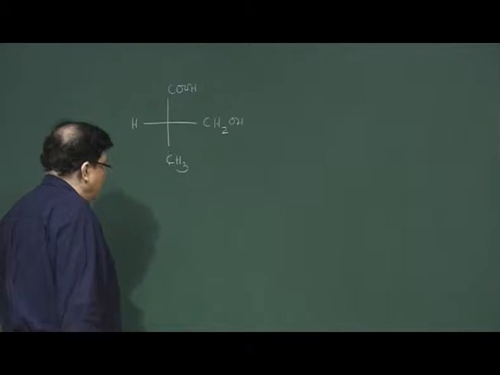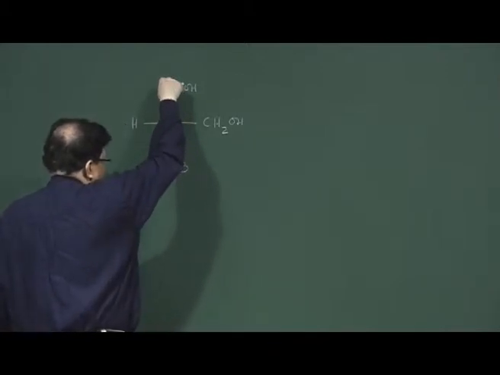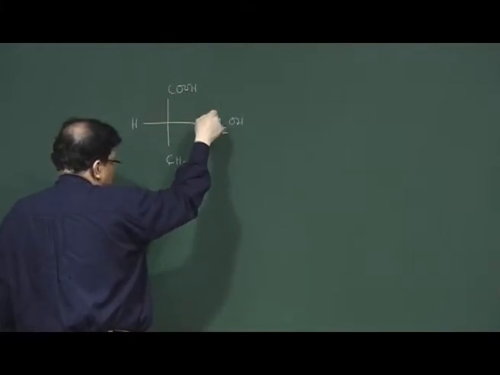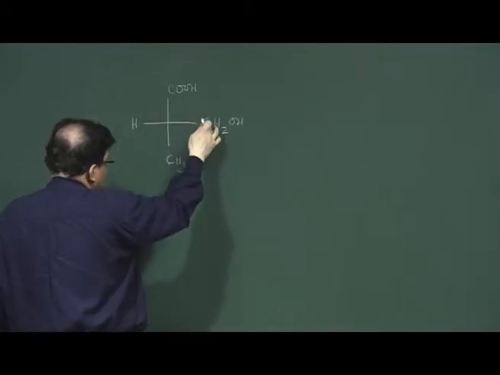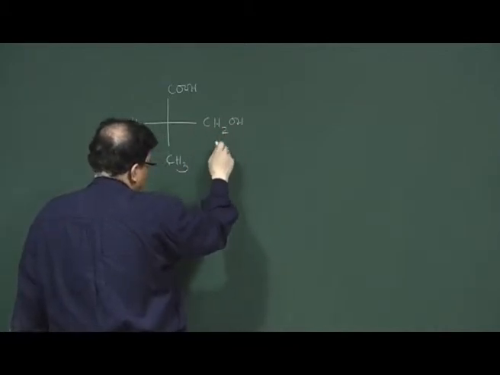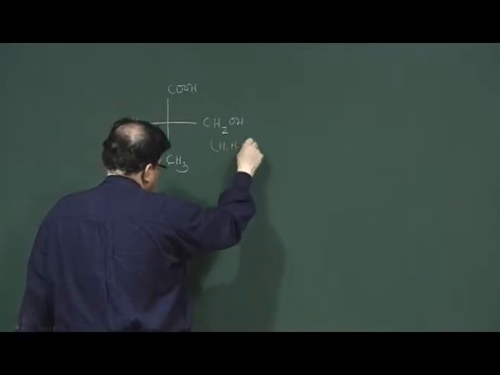Okay. So, if you do the priority sequence, this is the first atom, the carbon, this is also carbon. So, there is no distinction. Let us see whether there is any distinction between this and that. You can find the distinction because this carbon is attached to only one oxygen. So, this carbon has hydrogen, hydrogen, oxygen.